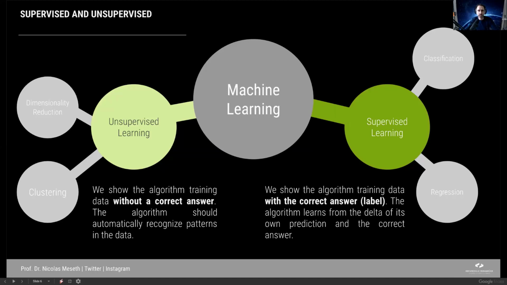So the correct answer we call label, and we will see later on that all the things that describe whatever we want to categorize, our orange, these are so-called features. And on the left side, for unsupervised learning, there is no correct answer. There's just the data, just the features.